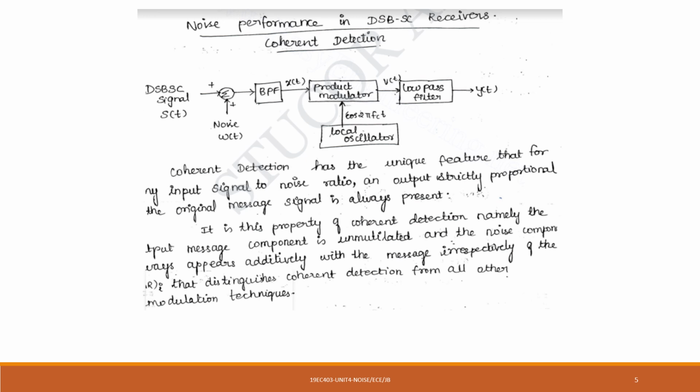And this system has the property where the input message component is unmutilated, while carrying the noise component additively. So we say that the noise component always appears along the input message additively, irrespective of the coherent detection, where we try to suppress the interference of noise. We do have some noise components to be added.